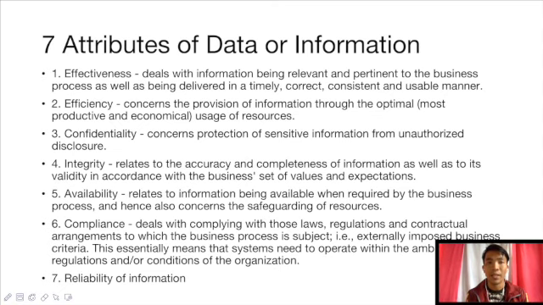Number 5, availability of data or information relates to whether or not the data is available in a timely manner. Sorry, the data or information available have been secured to support organizational processes.